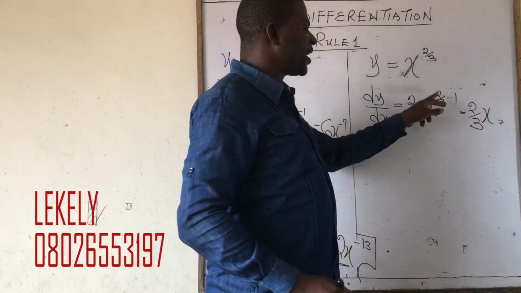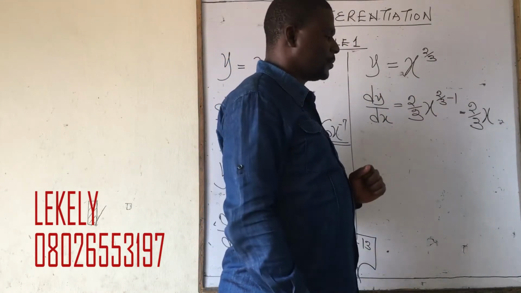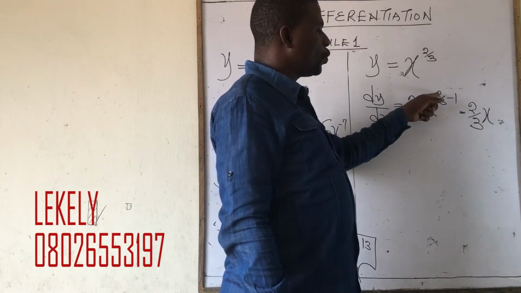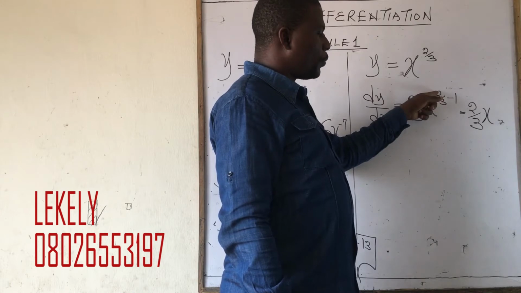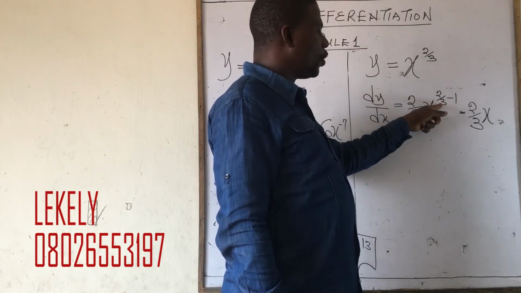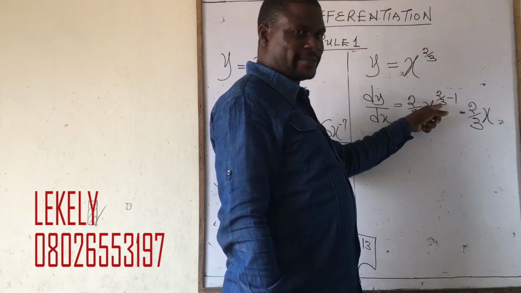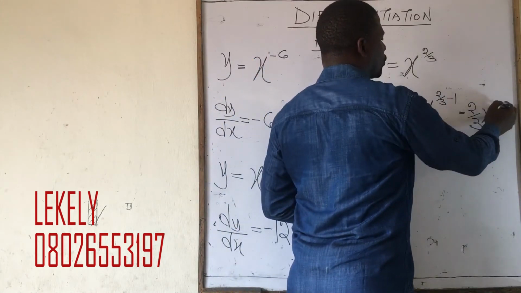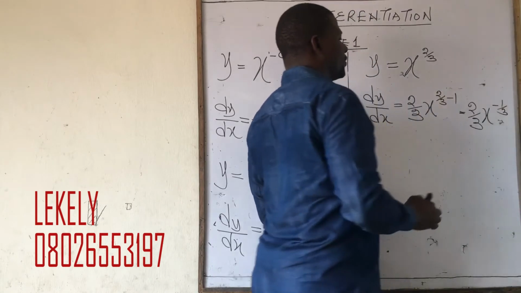Now, anytime you are subtracting 1 from a fraction, see what you are going to do. You say the numerator minus the denominator, 2 minus 3. 2 minus 3 is minus 1 over 3.